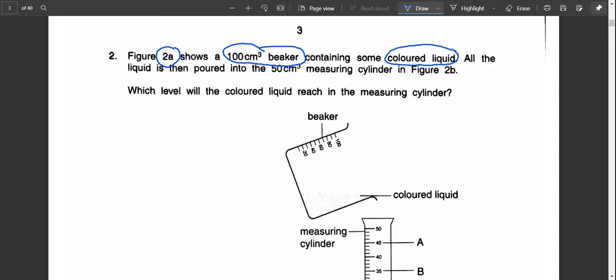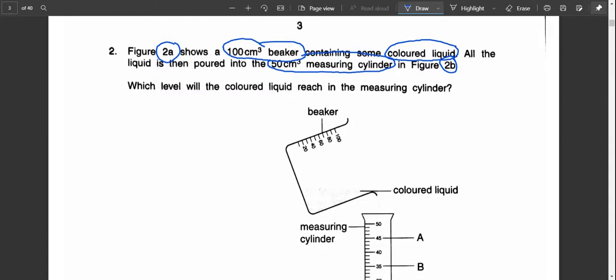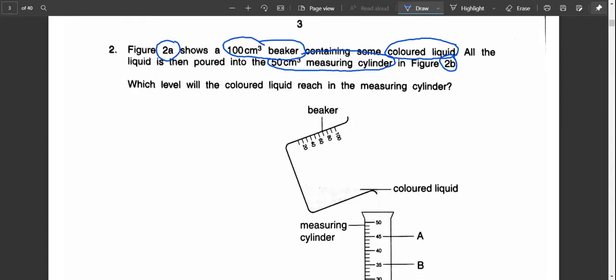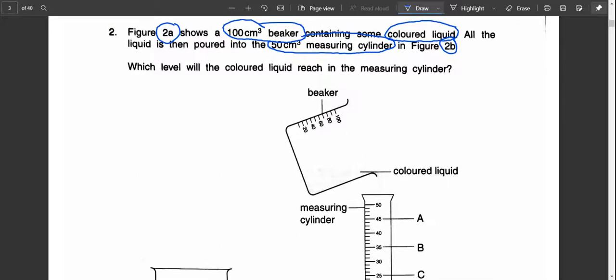All the liquid is then poured into a 50 cubic centimeter measuring cylinder. Take note of that again, and this time we have figure 2b. Which level will the colored liquid reach in the measuring cylinder?